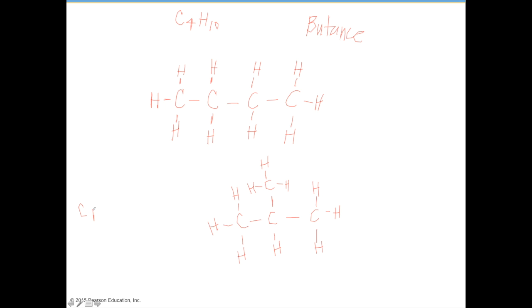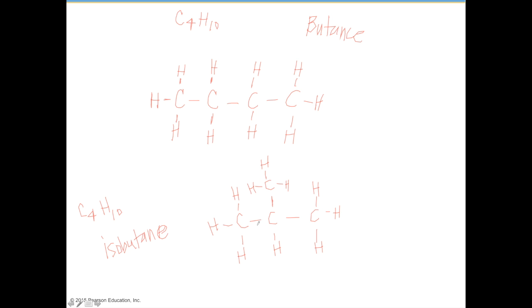There's 4 carbons. And there's 1, 2, 3, 4, 5, 6, 7, 8, 9, 10 hydrogens. Here's the thing about this one. This one has this branchy side. Notice it's still got 4 carbons and it has 10 hydrogens. This is called isobutane. Oh, I'm making tane.